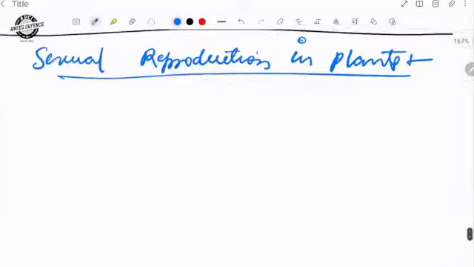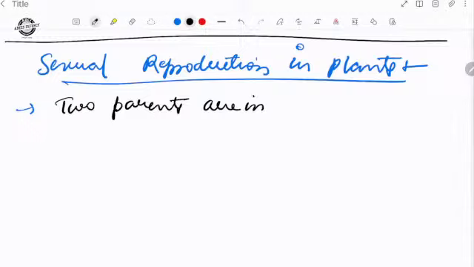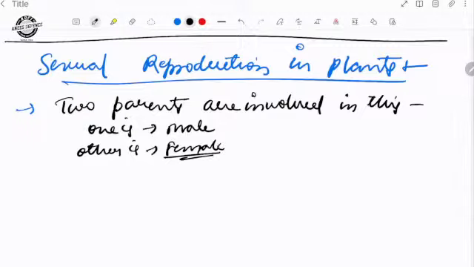Sexual reproduction occurs in which two parents are involved. That means one is male and the other is female, of opposite gender.